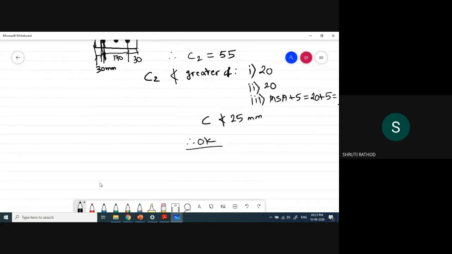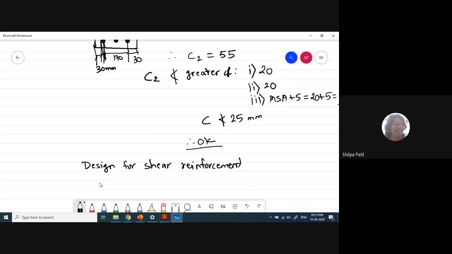Yes, ma'am. Okay, so the next step is design for shear. This part you are going to do as homework. Design for shear reinforcement. And this entire problem, when you solve in the examination, it carries 12 marks.